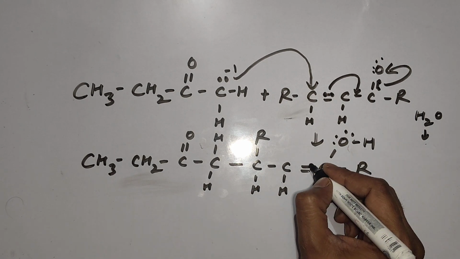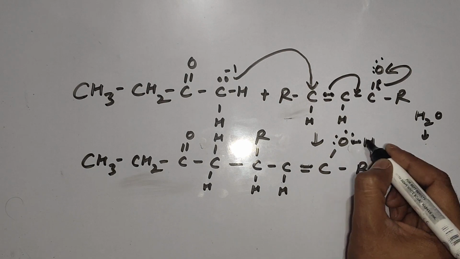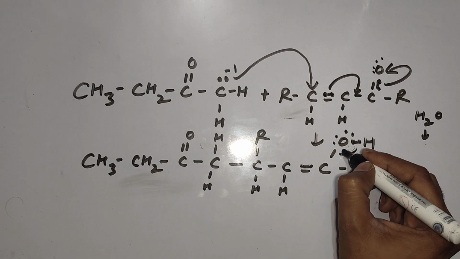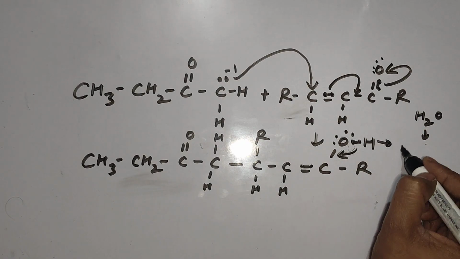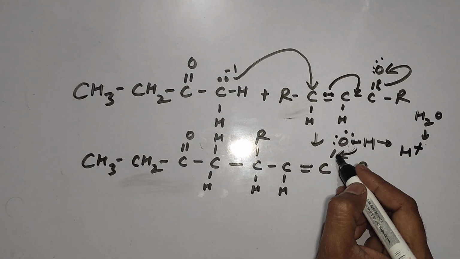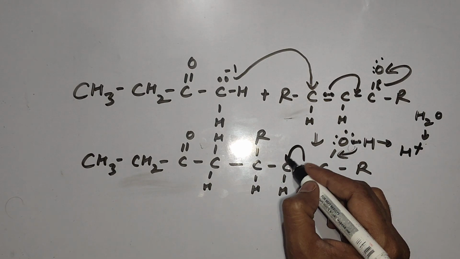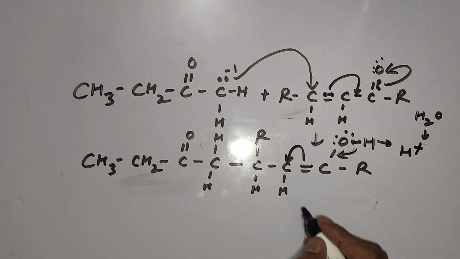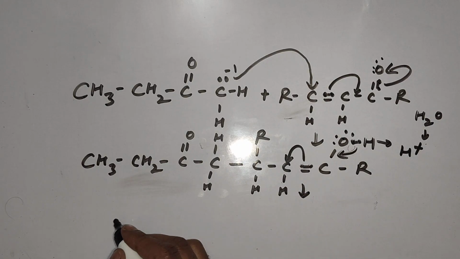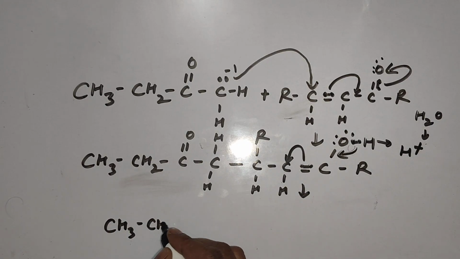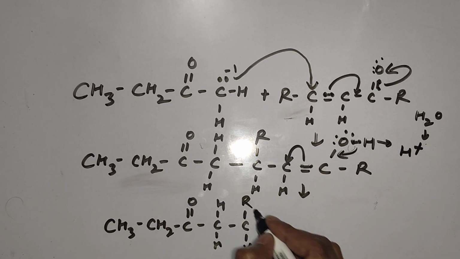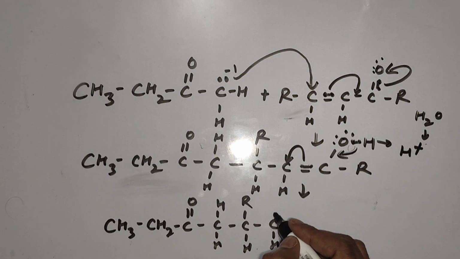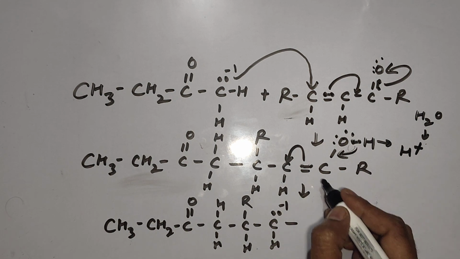Check. Oxygen will break the bond from hydrogen and shift toward carbon like this, due to which there is a release of H positive. And when these electrons come here, these pi electrons will shift onto this carbon, which will become a carbonyl; a single bond will be here now.